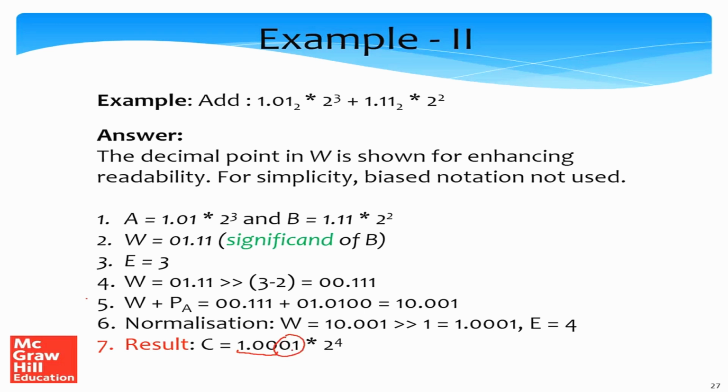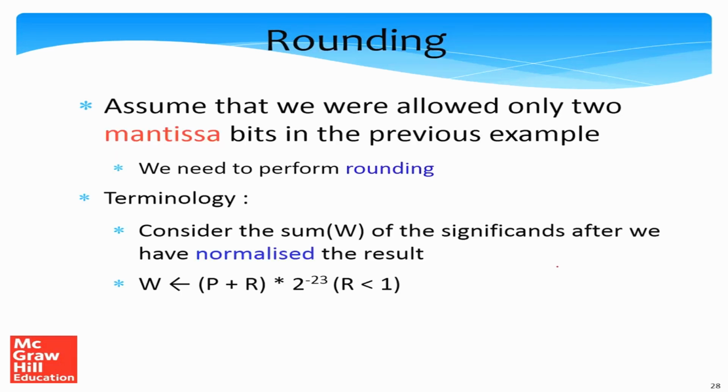Well, if it's 0, 1, maybe we can discard, but assume that the final result was of the form 1.0011. It might have been inappropriate to discard 1, 1 without making a change in the 0, 0. So it would have been more appropriate to round it to 1.01. So rounding is an issue, especially when the number of mantissa bits is finite, and this issue has to be considered. So let us first define some standard terminology, and then we will talk about rounding.